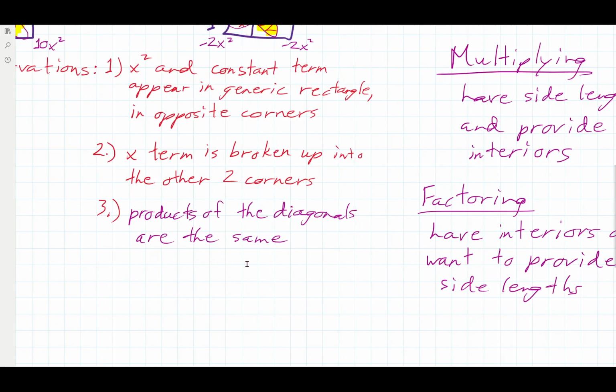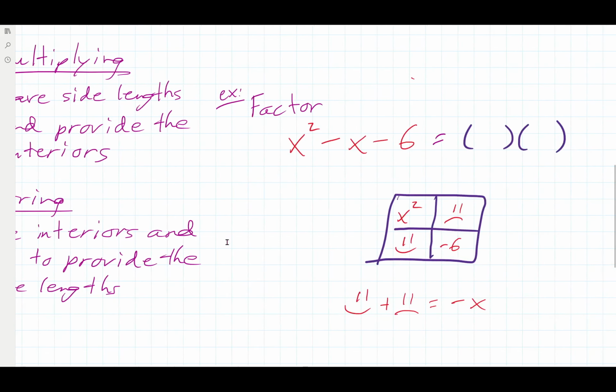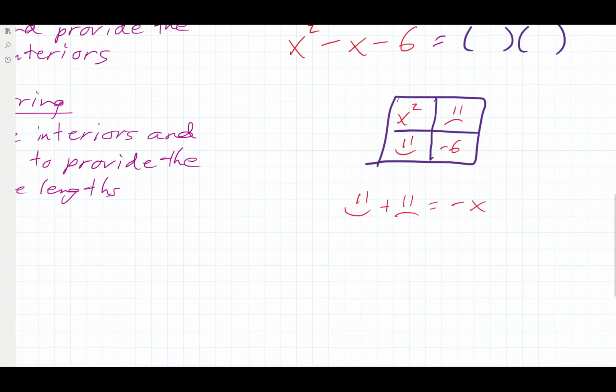Our third one is that we know the products of the diagonals must be the same. In this case, the first diagonal is negative 6x squared. So that means that smiley face times frowny face has to equal negative 6x squared.